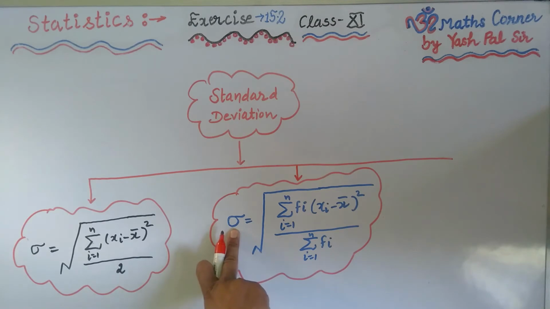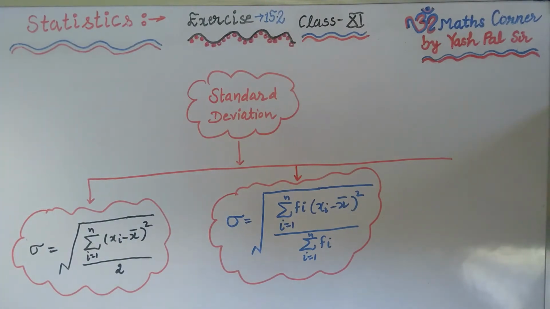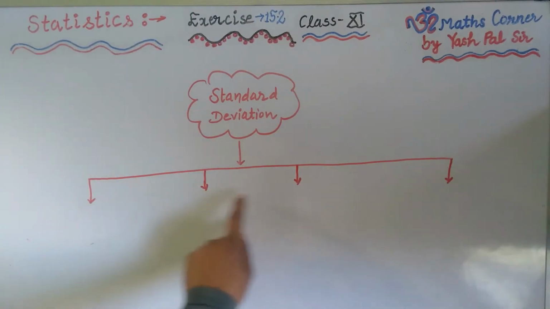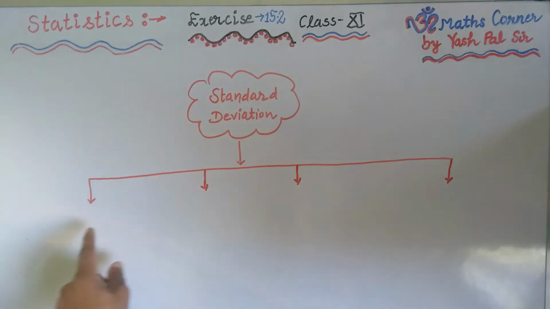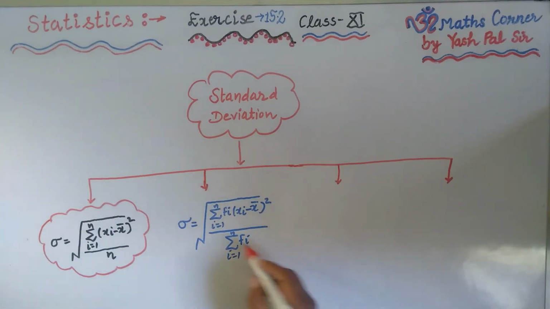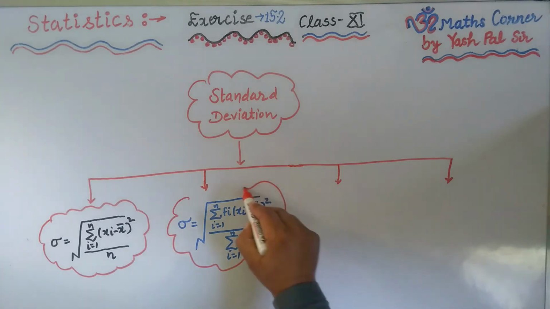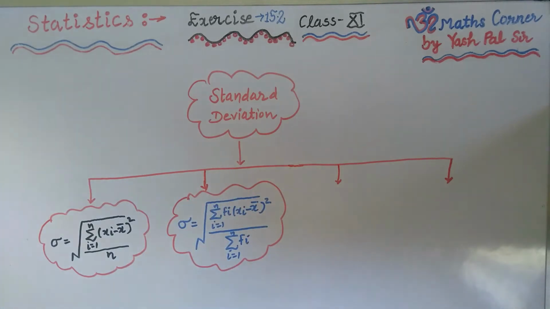Sigma, the small sigma of the Greek language, is the symbol we use for standard deviation. We have 4 formulae to find the standard deviation. One by one: for ungrouped data, this formula we use. For grouped data, this is the formula we use for finding the standard deviation.